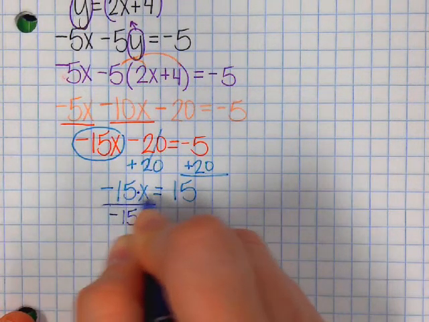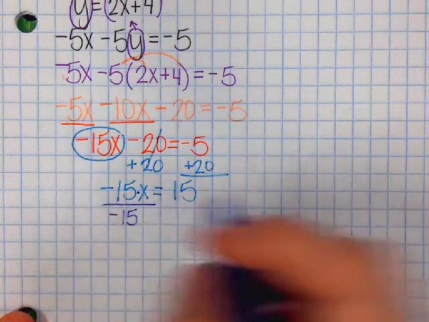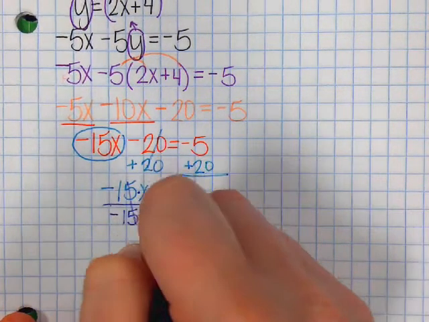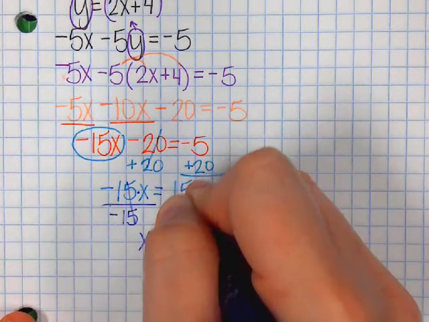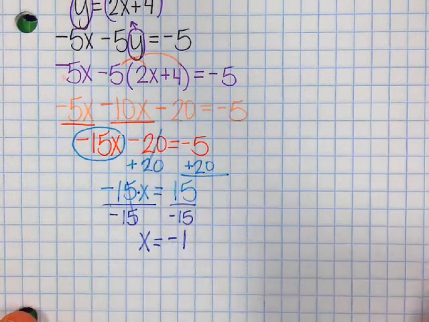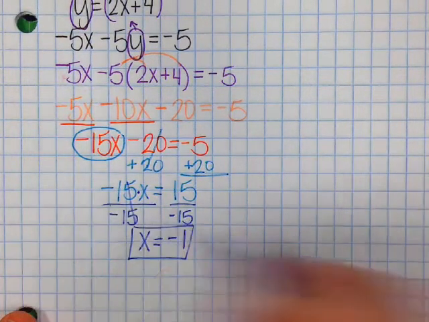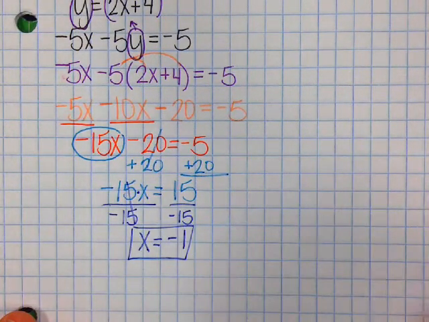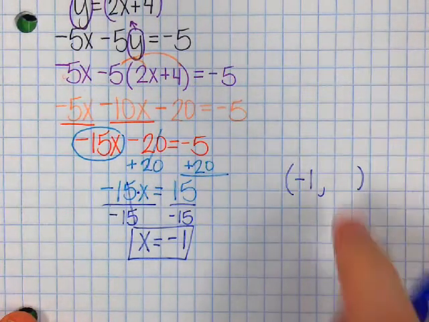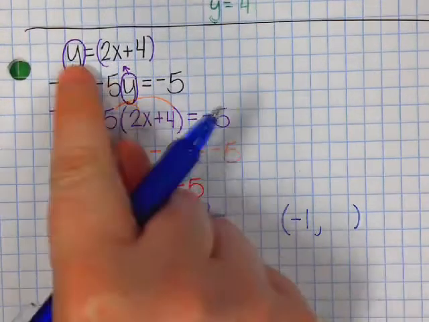Divide by negative 15, because it's negative 15 times x. There's no addition sign between them, so I need to divide, and divide by negative 15. So x equals, a positive divided by a negative is a negative. 15 divided by 15 is 1. So that's our x value, negative 1.